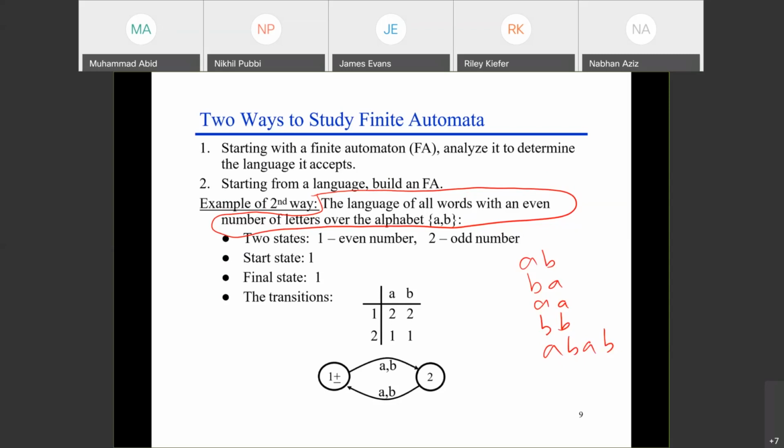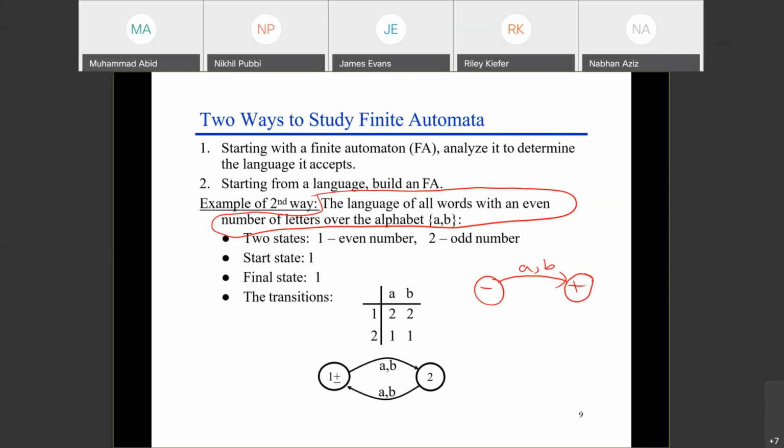Okay, so if that is the case, how do I draw this? I create one state here, another state here, and I'm saying that I can reach this state by only A, or I can draw another edge to reach it by only B. I can combine two edges with an or, or by a comma, so A comma B. So this is not a word, this is again a letter.